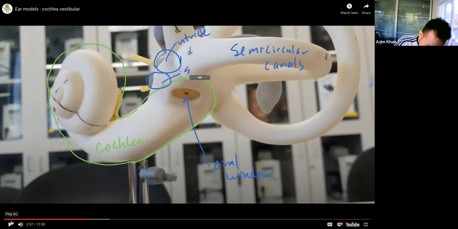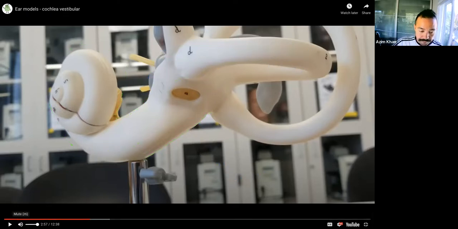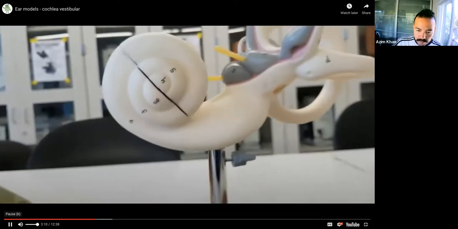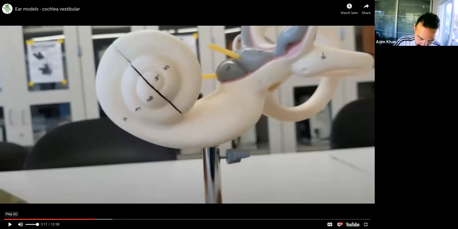Utricle, saccule. We'll be able to see it better when we spin it around. Now you can see them pretty well here. Utricle is on top. Saccule is a little bit lower down. There's that oval window.